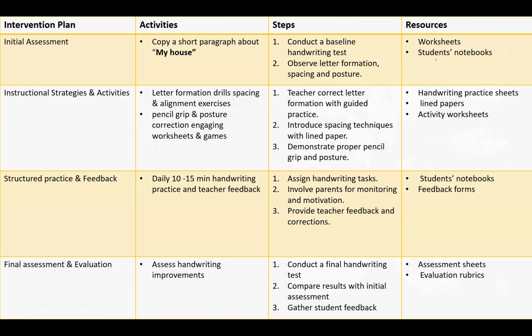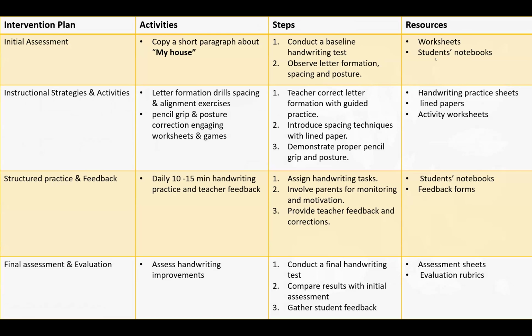Now let's go through the intervention plan step by step. First one is initial assessment. Activities, copy a short paragraph about my house. As the first step of my intervention plan, I provided the students with a worksheet containing a simple paragraph about my house and asked them to copy it into their notebooks.